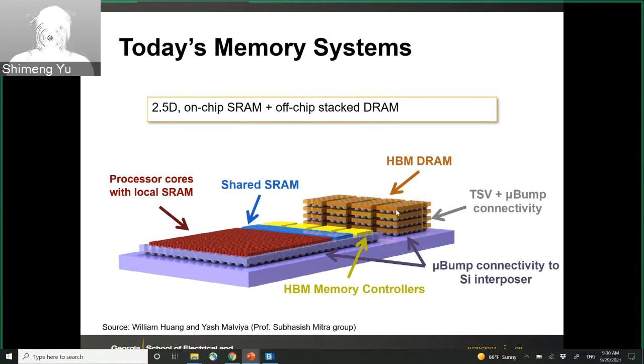So basically you can have the vertical connections between multiple dies of the DRAM, and then you can have this kind of a DRAM memory cube, and then this is sitting on top of the interposer. So here the substrate is the silicon interposer, and you have some horizontal connections between the CPU die and the DRAM stack. So this is also widely used today for high performance computing platforms.